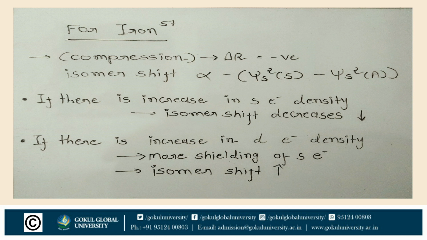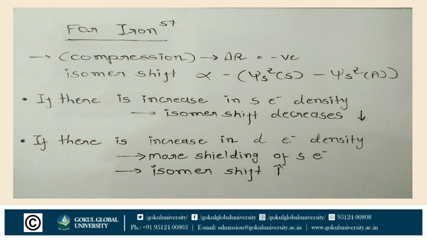In Mössbauer spectroscopy, we use majorly two types of elements: one is iron 57 and another is tin 119. We will consider both of them with examples. In the case of iron 57, when the nucleus undergoes the transition, it undergoes compression.